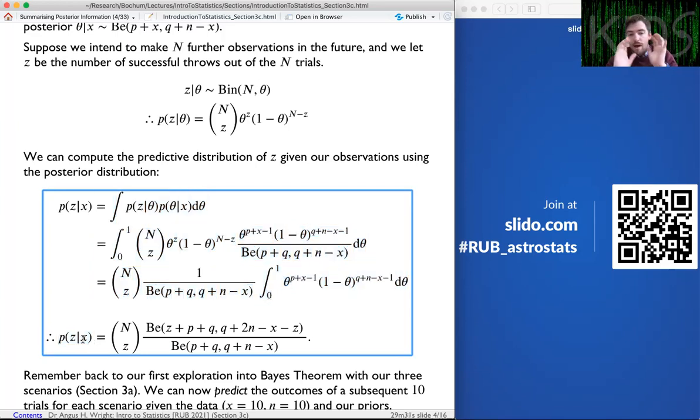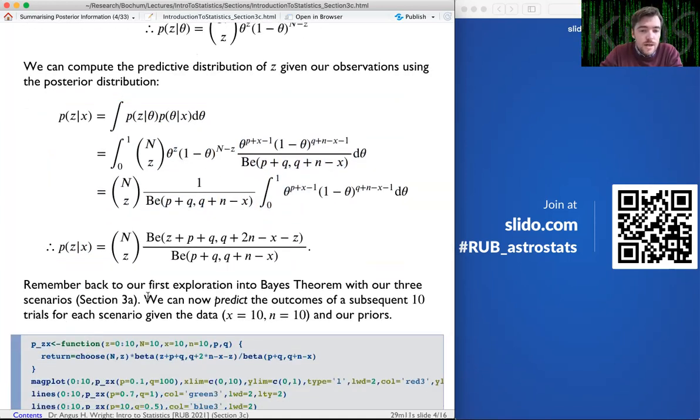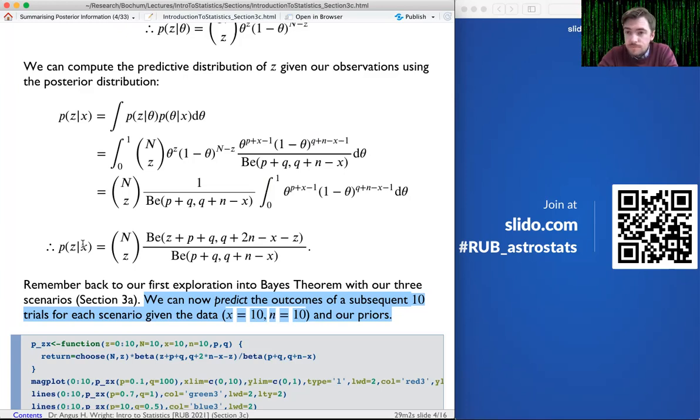So we've put in no actual observations here yet. We've just created the true predictive distribution for an unknown bias, given a whole series of observations, x. And what we can do now is take this distribution and predict what the future outcomes are likely to be.